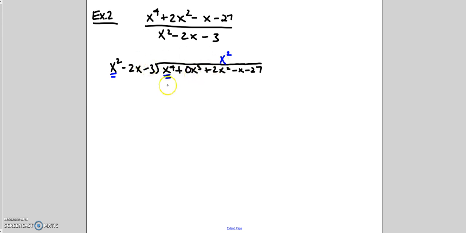So x squared times x squared, x to the 4th, x squared times minus 2x, we're going to have a negative 2x to the 3rd. If I didn't have this 0x to the 3rd, things wouldn't line up right. So having this here makes sense for our placeholder. And then x squared times a negative 3 is negative 3x squared. And everything lines up nicely.